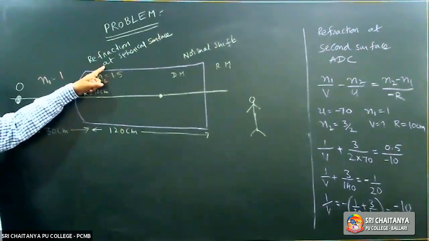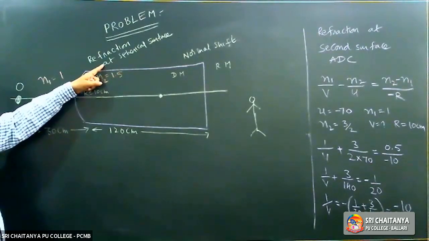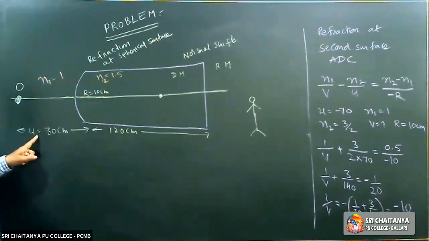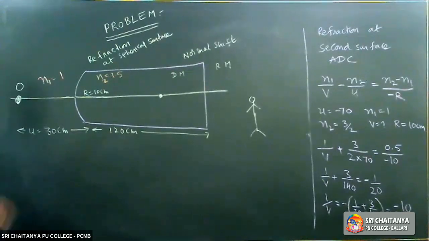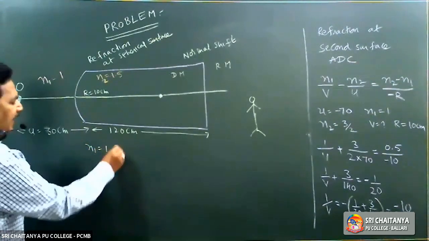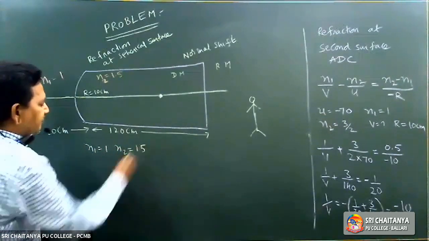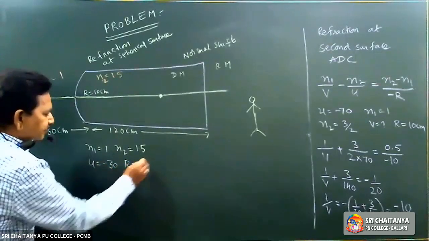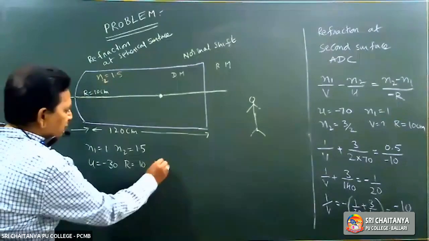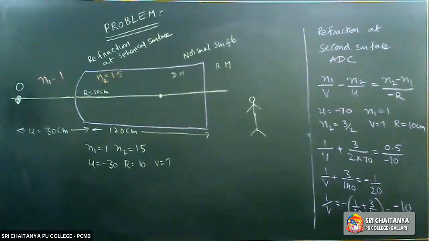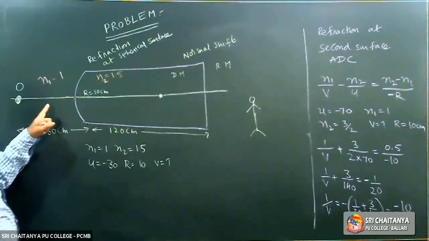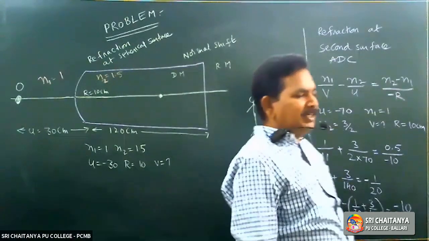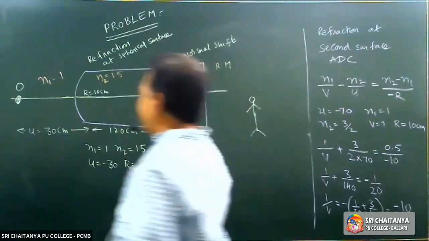First we will calculate refraction at spherical surface. What are given? N1, N2, R, U. Calculate V. N1 value 1, N2 value 1.5, U value minus 30, R value 10. You are asked to calculate the V value first. Light ray is traveling from rarer to denser. Then which formula can we apply?